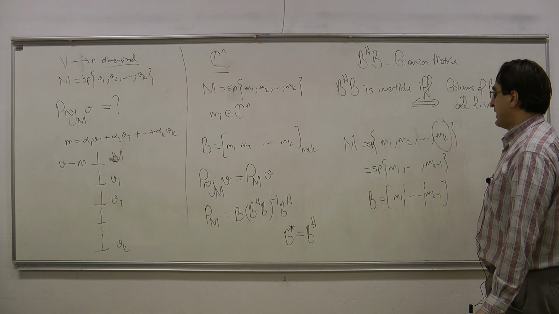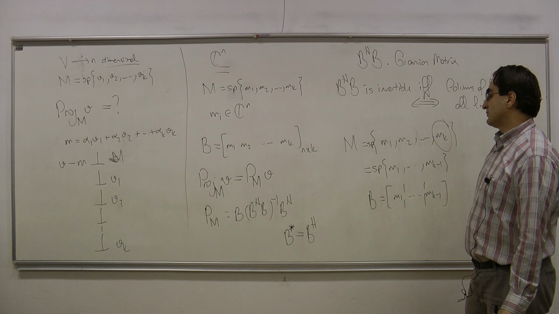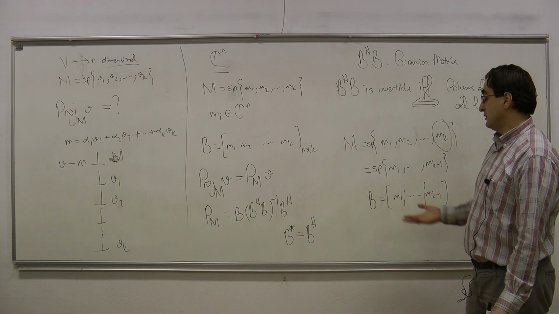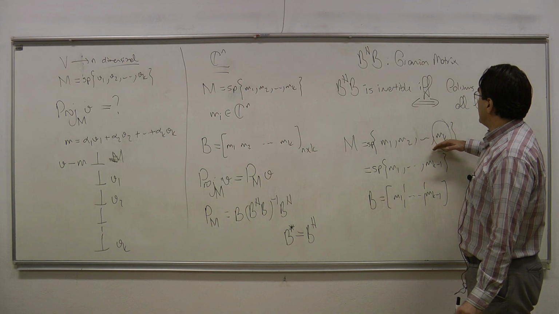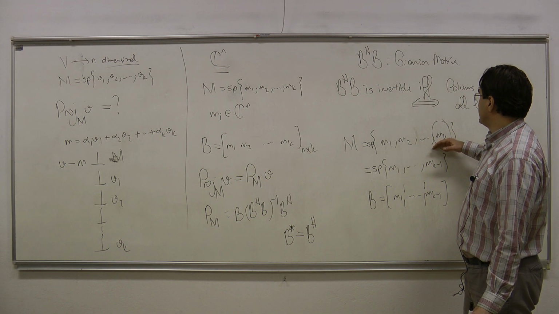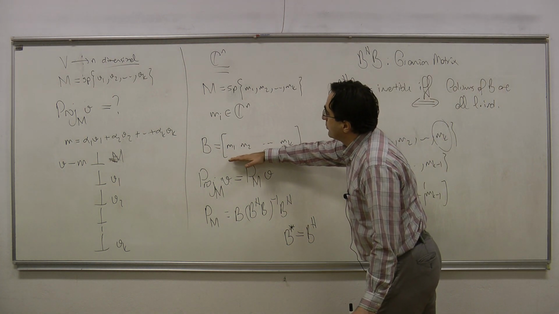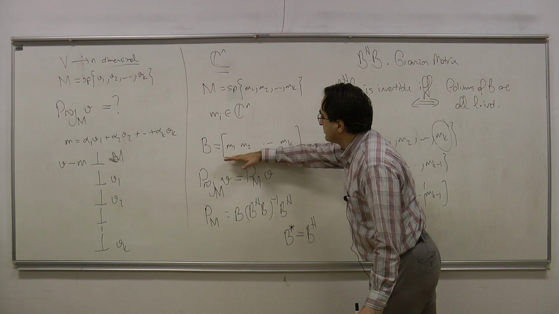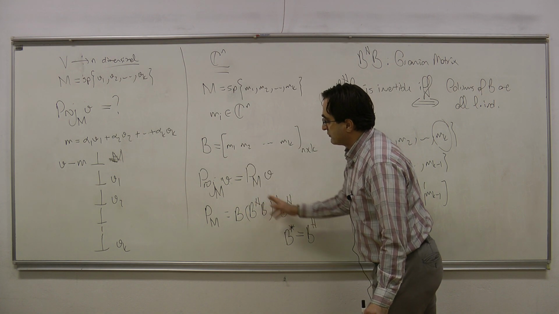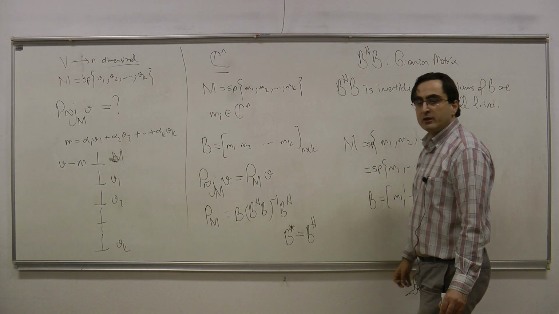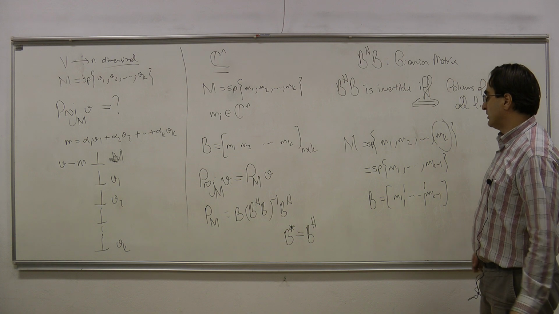Then this Gramian matrix is going to be invertible. If one of the vectors is linearly dependent on the other ones and you form the Gramian matrix that way, everything is going to be wrong because your Gramian matrix is no longer going to be invertible. So this formula is going to be completely wrong in that case.